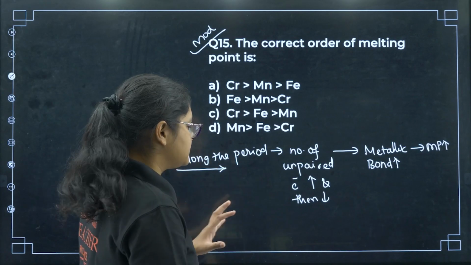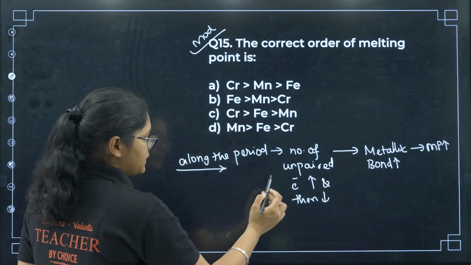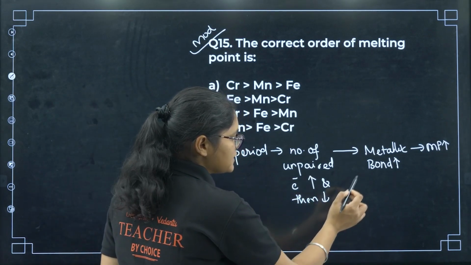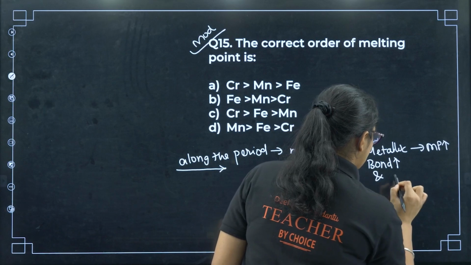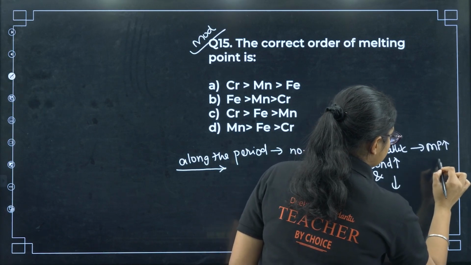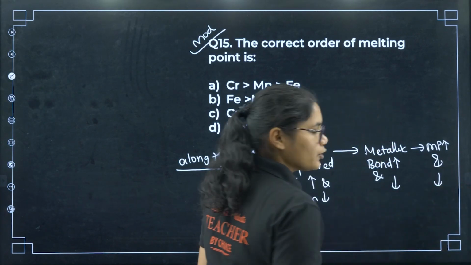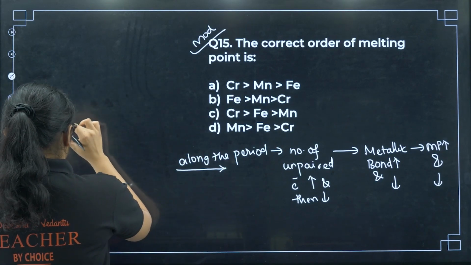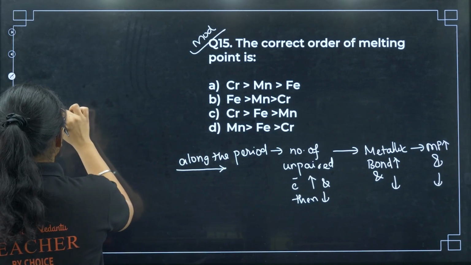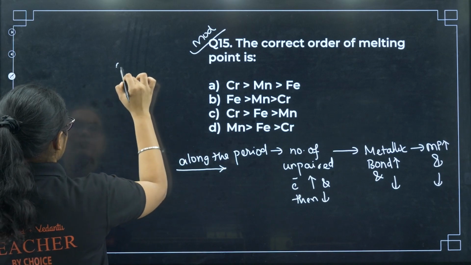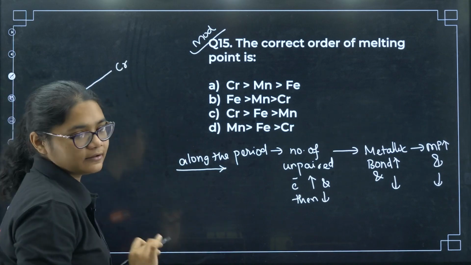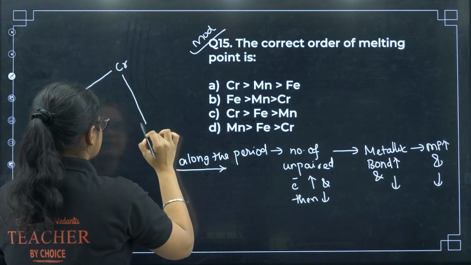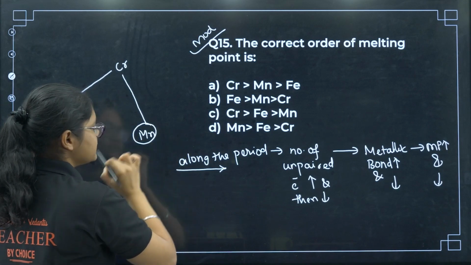Okay, so what happens exactly is, if you go along the period, there is first increase and then decrease. Metallic bond will first increase and then decrease, and melting point will first increase and then decrease. Okay, so what happens here is, we find a table like this. From scandium, titanium, vanadium, chromium, up to chromium the melting point increases. Then at manganese there is a dip. Now what is the reason for this one?